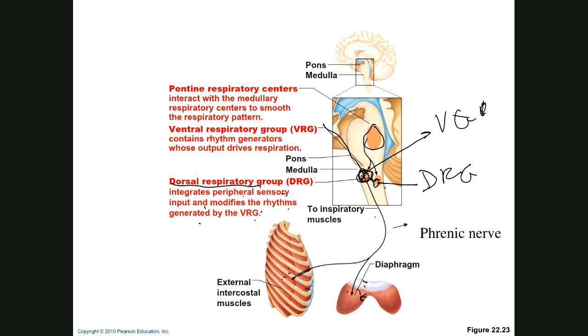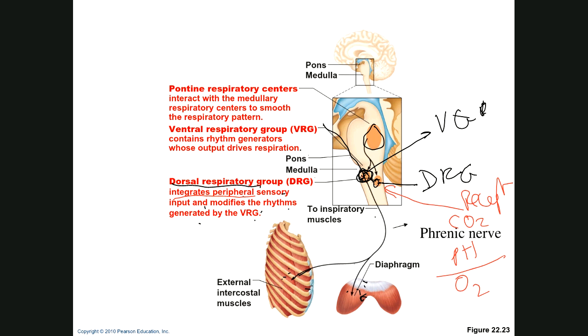This is when I stopped and said, wait a minute, there's something wrong. It's because the one that is turning on and off should be the one that is receiving information from receptors. So the DRG is receiving information from receptors, and the information is about CO2 levels and pH levels, those are the two main ones, and then oxygen levels, if oxygen falls low enough to become important.